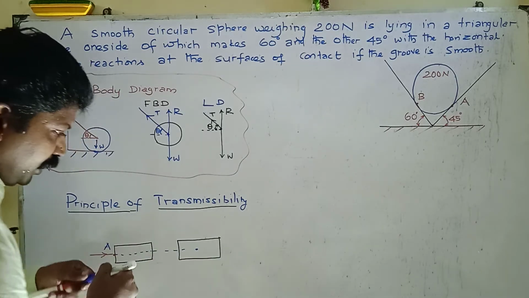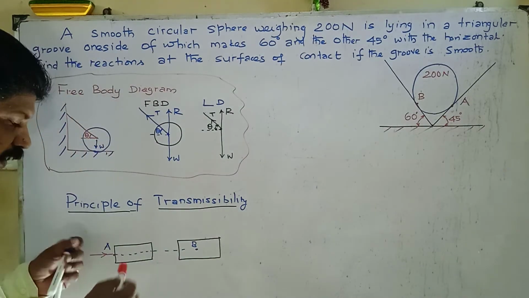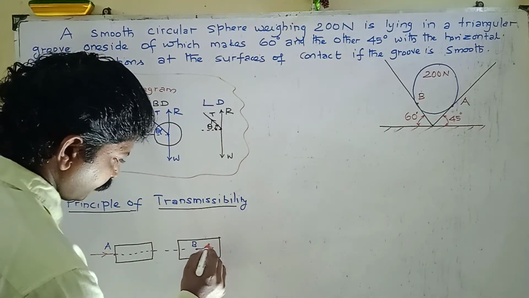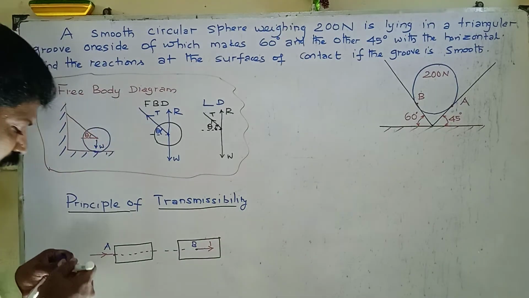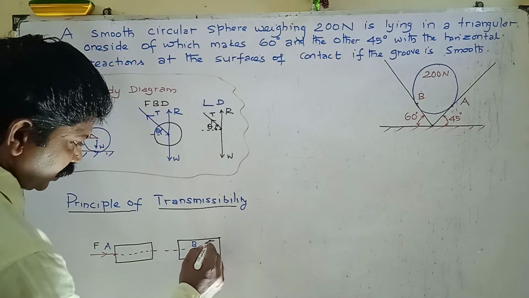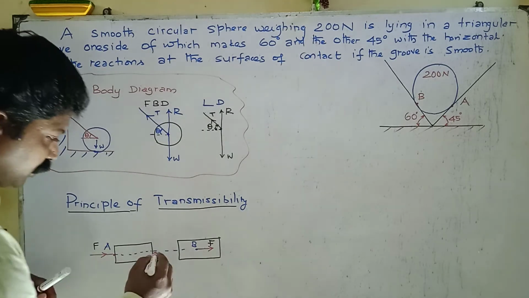This force is shifted to point B along the same line of action on the body. The force is the same, F, but the position differs from the first.